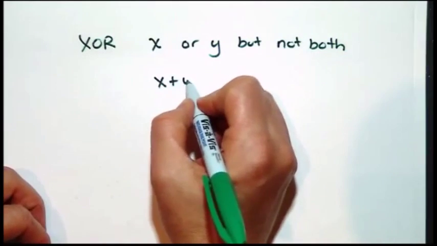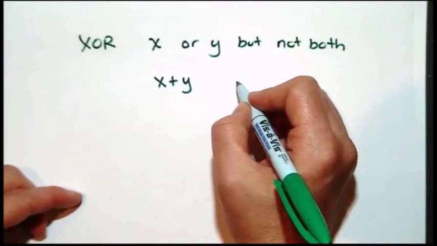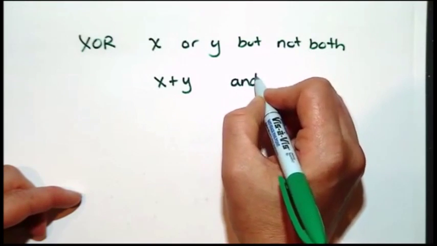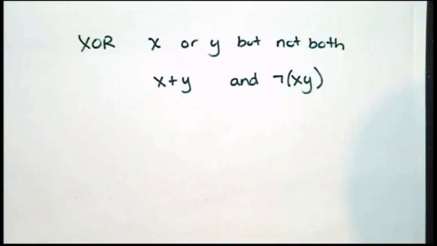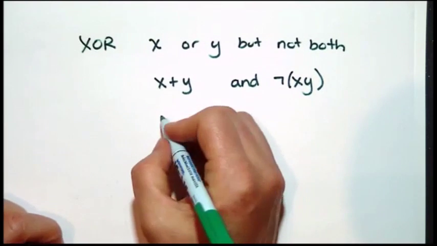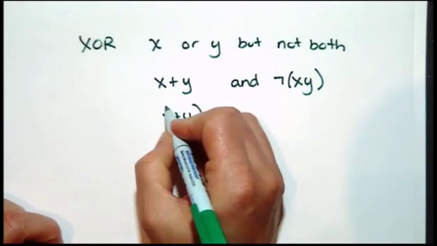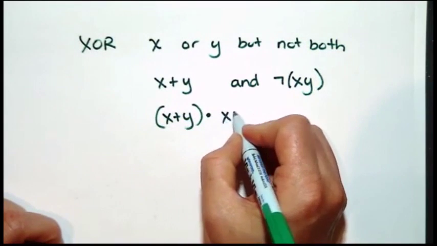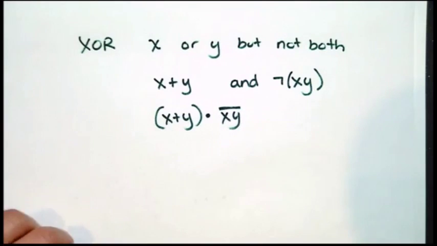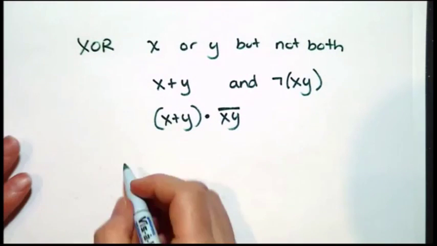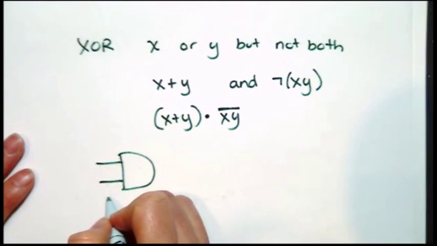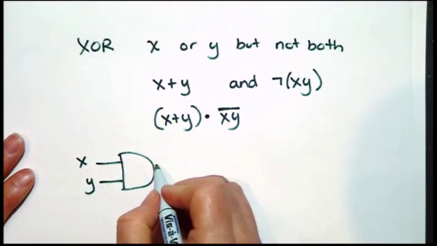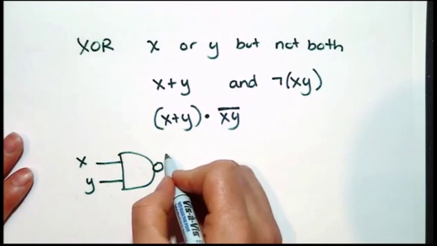X plus Y, but actually means and, not both. So let's draw a circuit for that. So there's the not XY.